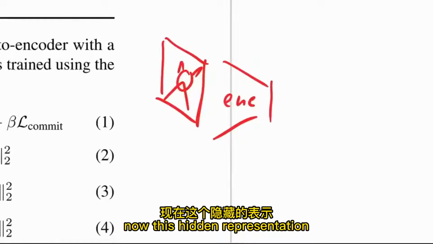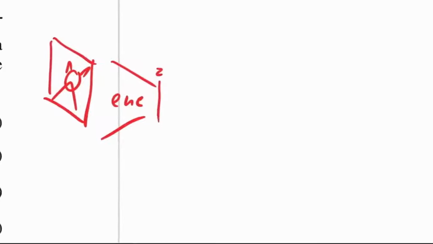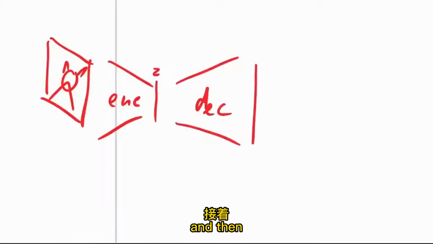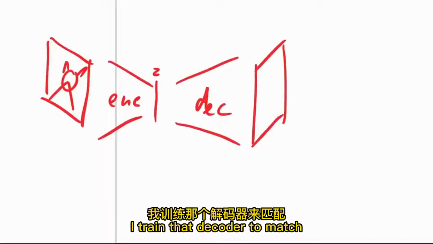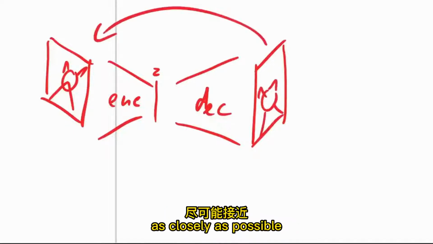Now this hidden representation, usually called something like Z or H, is then, in a classic autoencoder, fed to a decoder, and I train that decoder to match that original picture as closely as possible.